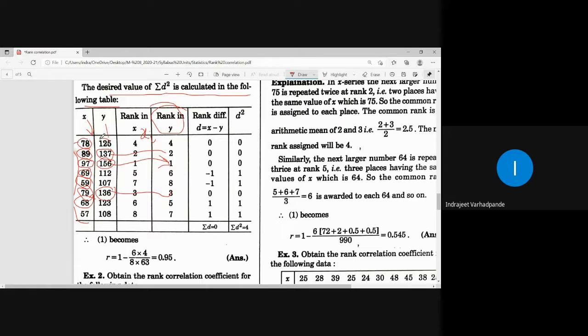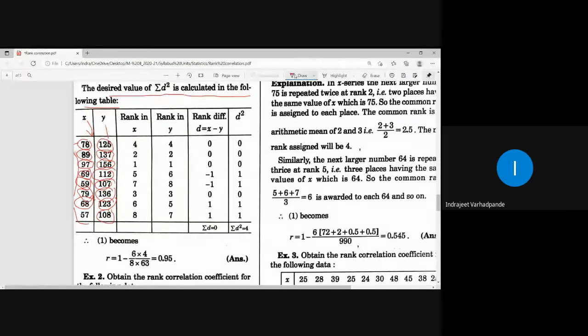Then 125 will be assigned 4. Then 123, 112, 108. And lastly 107, which is assigned rank 8. In this manner, we assign ranks for the observations in x as well as y. Each observation carries a unique rank because there is no repetition.